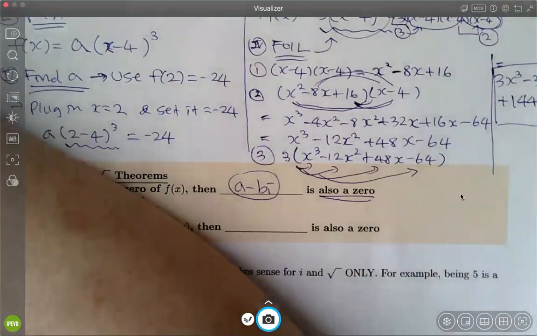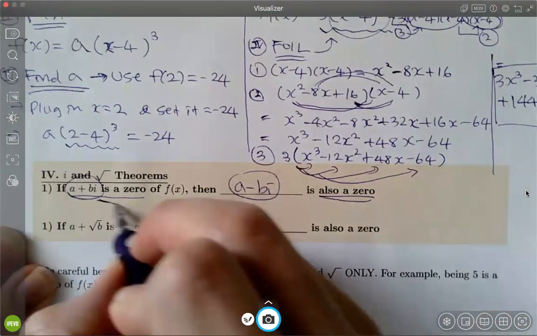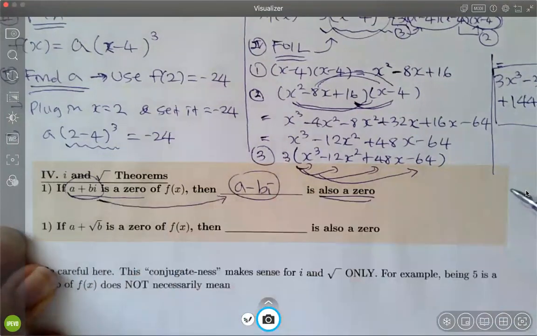Okay, sorry about that. So now, if a plus bi is a 0 of f of x, then a minus bi is also a 0. Now, have we seen the relationship between a plus bi and a minus bi before? What's the difference? We only changed the middle sign, right?